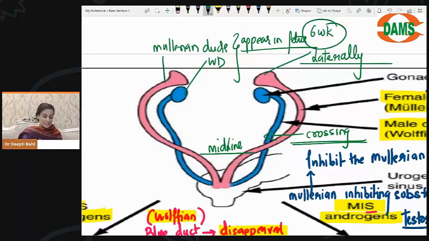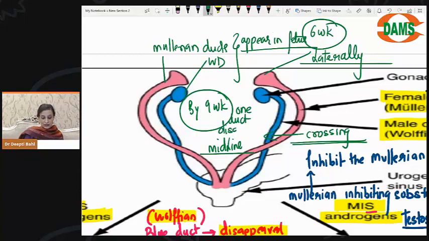Yes, I just told you a little while ago, these ducts are going to appear at 6 weeks in the conceptus. By 9 weeks, one of the ducts will disappear, and the other will remain.